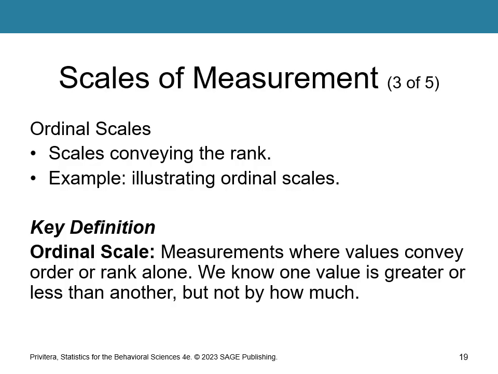Other examples: class rank, freshman, sophomore, junior, senior, education level, high school, bachelor's, master's, doctorate, finishing place in a competition. With ordinal scales, you can say one thing is more or less, but you cannot meaningfully add or subtract. The difference between first and second isn't necessarily the same as between second and third.